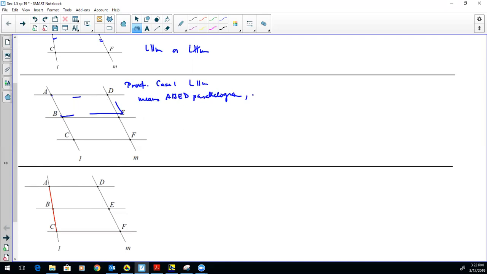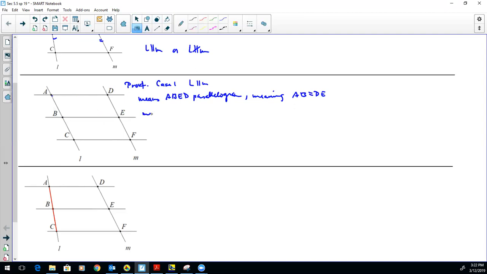And that also means one of the things about a parallelogram is that opposite sides are congruent. So this means, among other things, that AB is equal to DE.